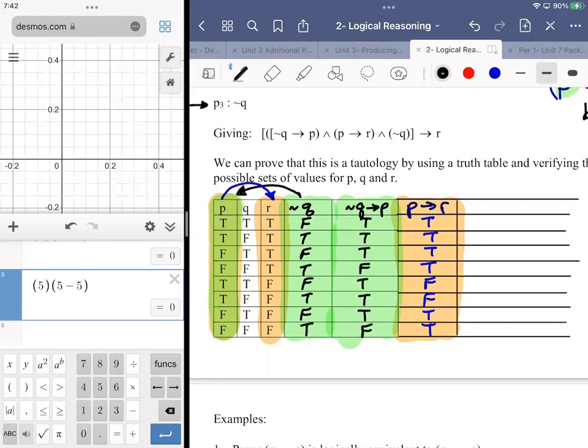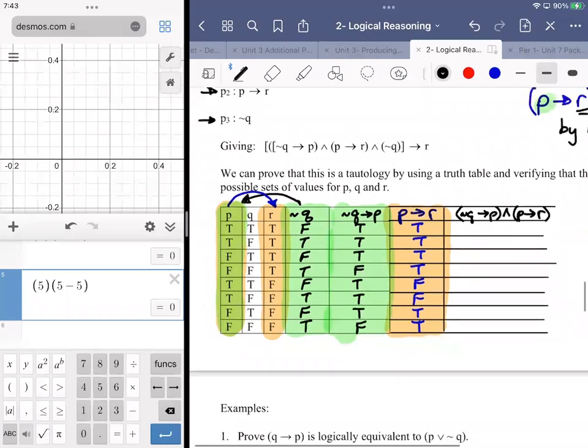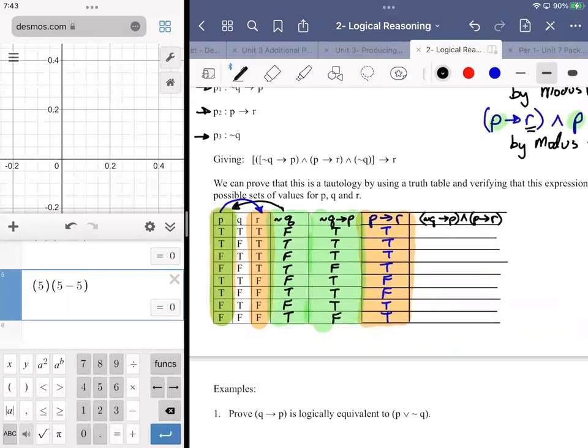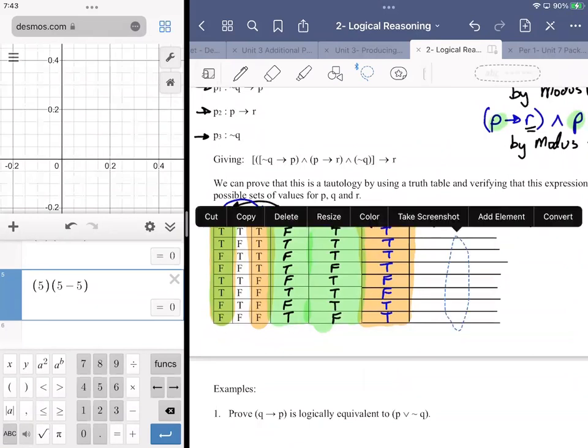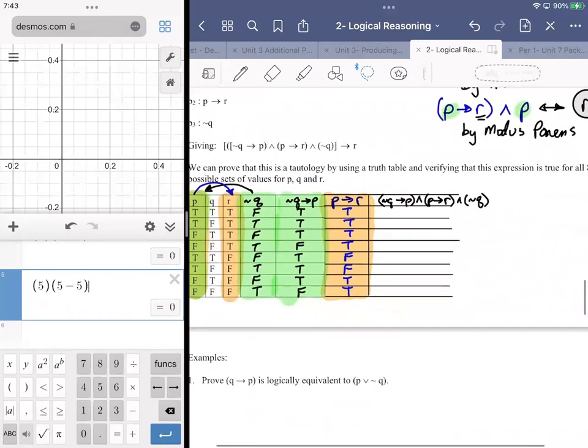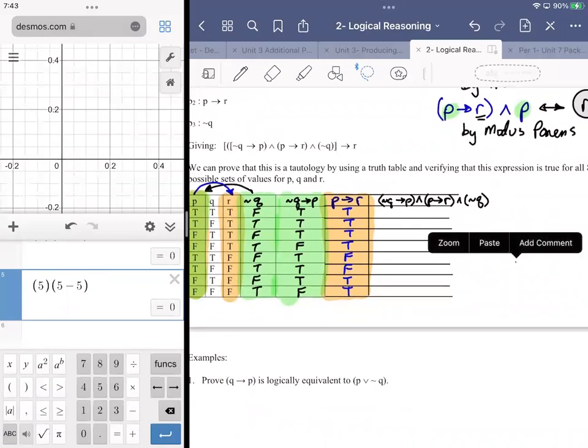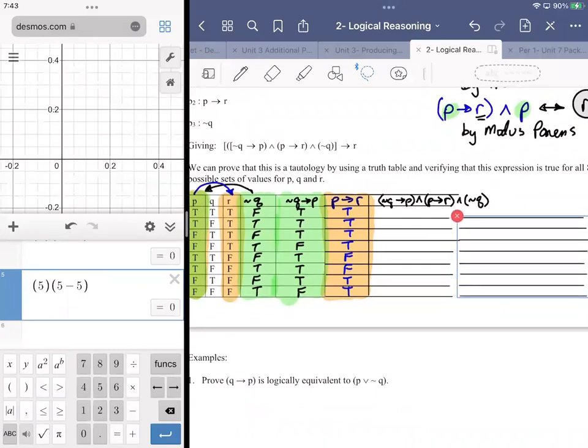So when I'm looking at not Q implies P and P implies R and not Q, I'm just going to look at the respective columns and determine instances in which all parts are true.